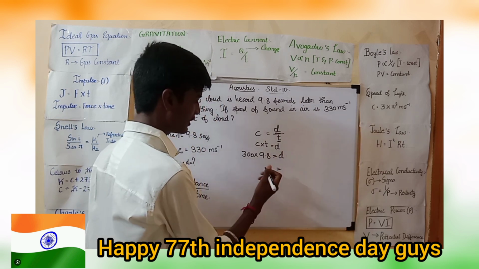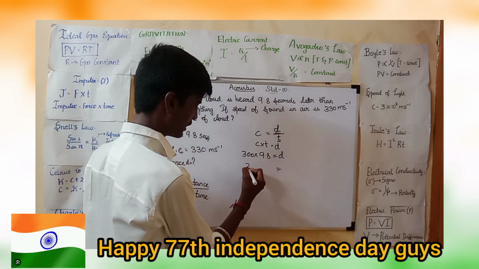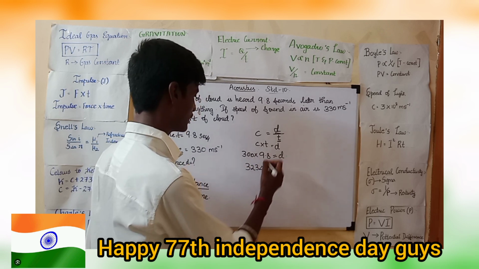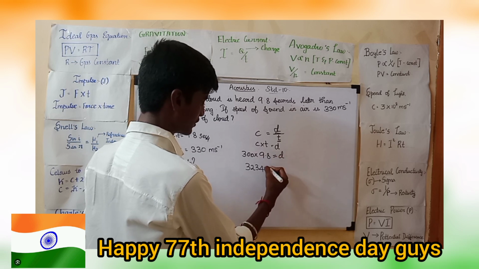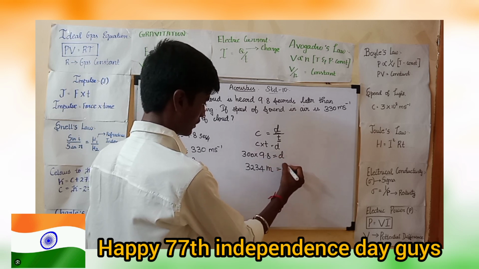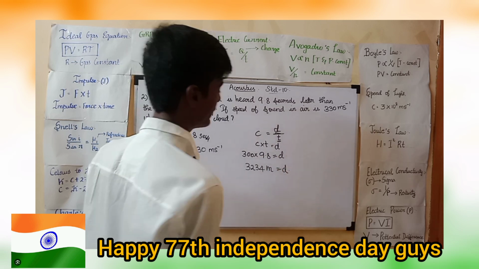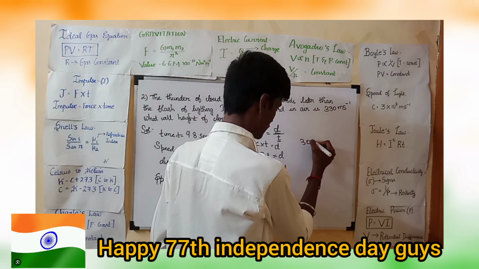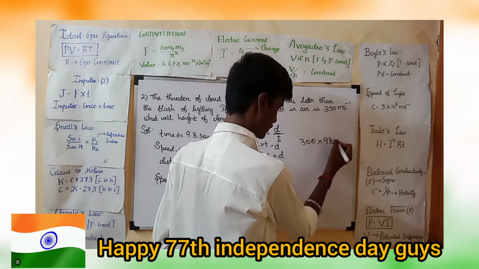Then what will be the d? By multiplying this we get 3234. We commonly use meter as the unit of distance, so 3234 meter. I just did the multiplication to check whether it is right or wrong.